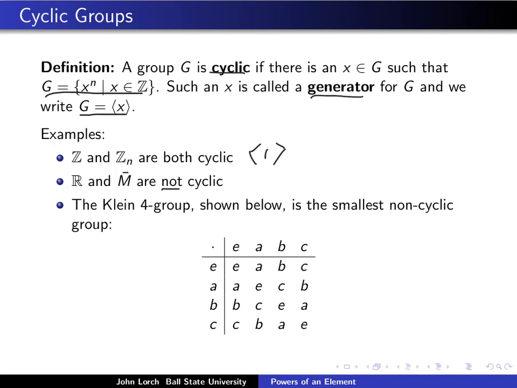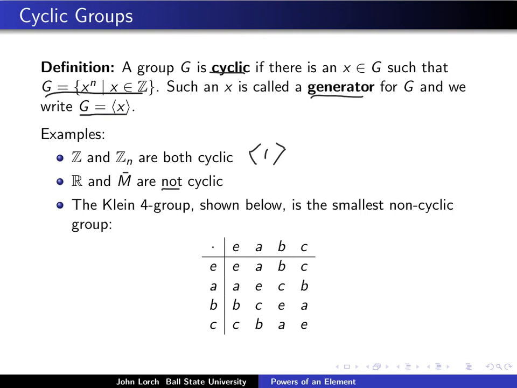And in this third example, I'm showing you the very smallest non-cyclic group. It's called the Klein 4 group. It's a group of 4 elements. And if you look, you'll see that every element in this group is of order 2, which means that if I take any value of x in this group, the only distinct powers of x are going to be the identity and x itself.